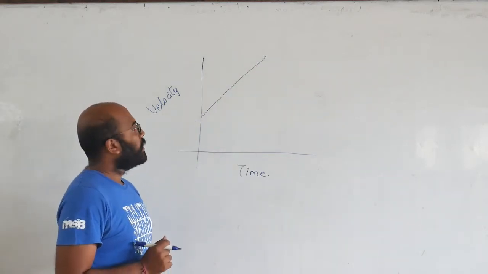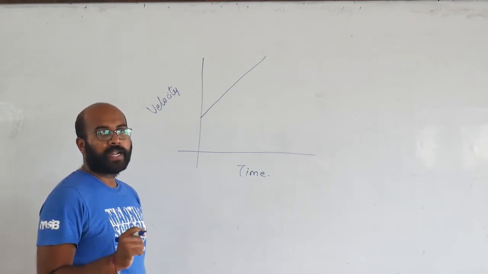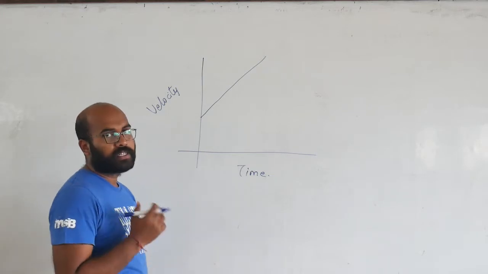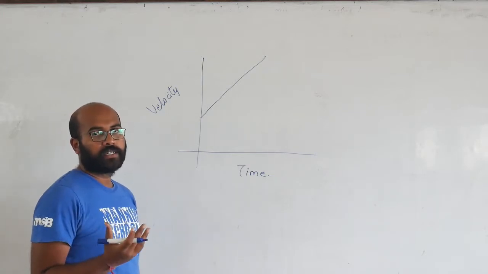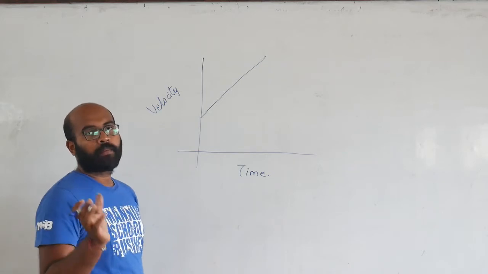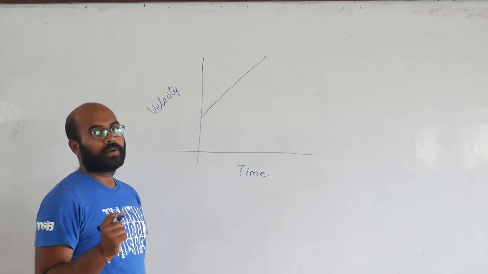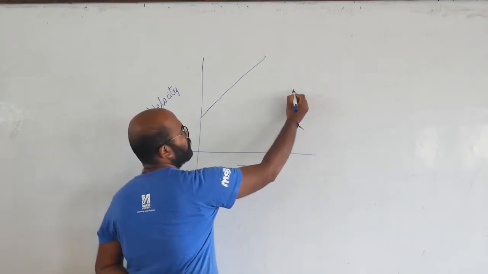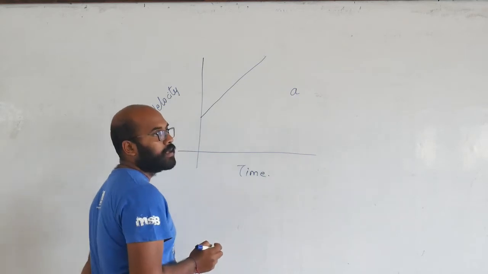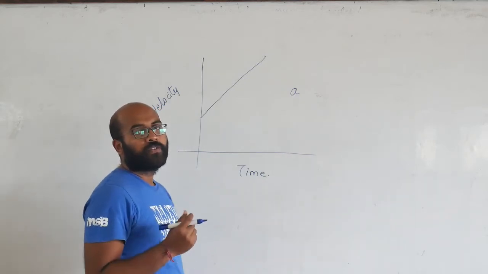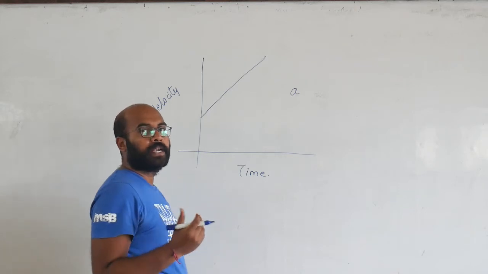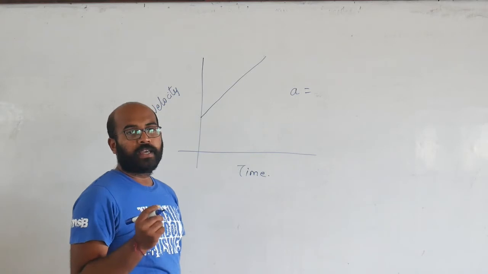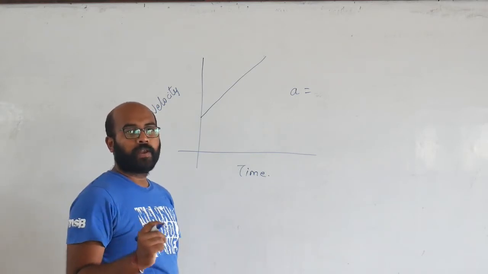Here, if we have to find the acceleration for any particular period of time using this graph, what do we need to do? We know that acceleration A is the change of velocity divided by time, or we can define acceleration as the rate of change of velocity.